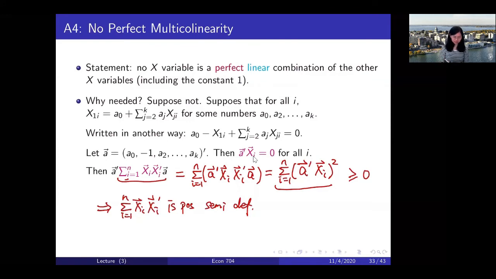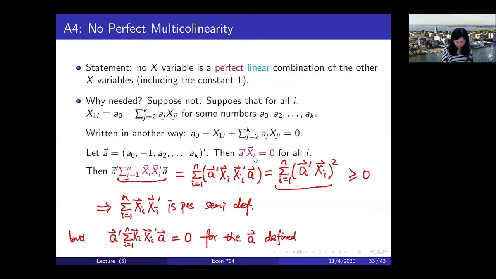So that means this is 0 for the A vector defined above.